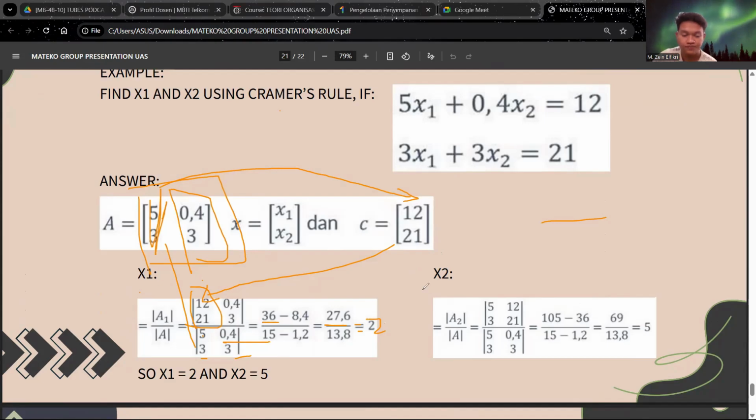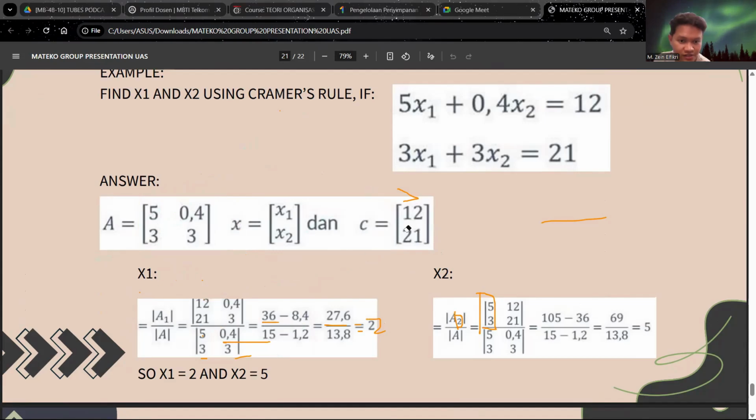Then x2, and also here. So we have 5, 3 from here. Then we close this column, because this is 2, and we change it with this 12 and 22.